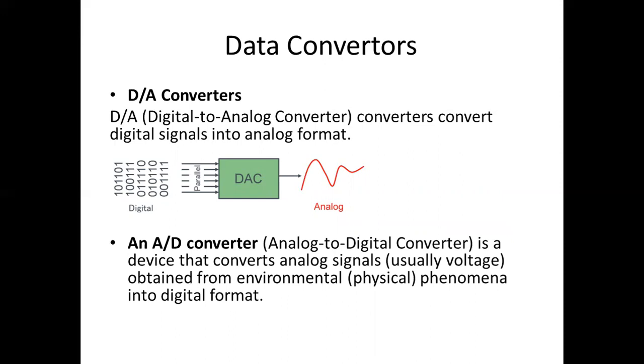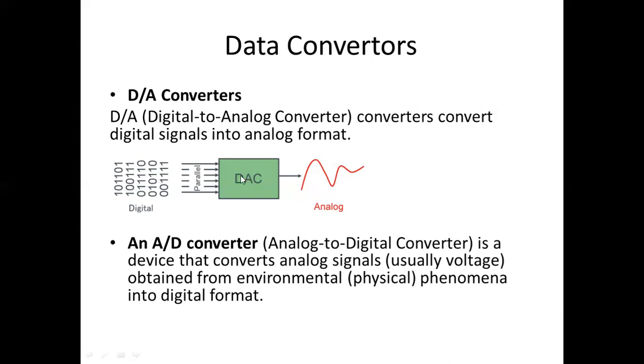When you're talking about a digital to analog converter, you are talking about a converter that takes a digital signal into an analog format. You can see that digital is zeros and ones, and analog is mostly in phones and other analog signals. You can see these are lines. So data needs to be converted within the computer system.